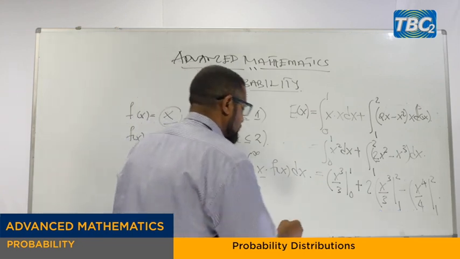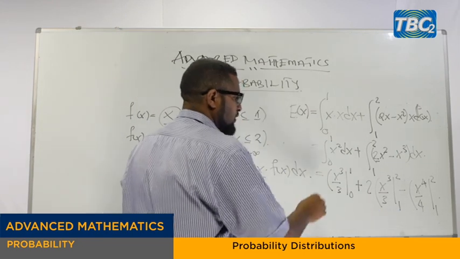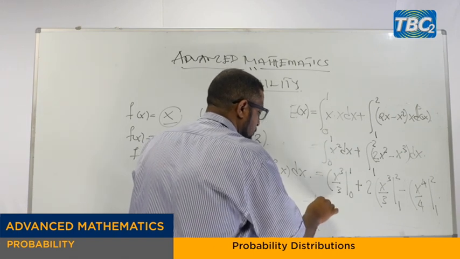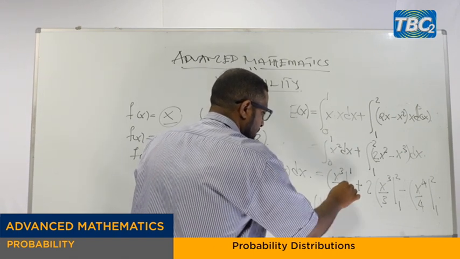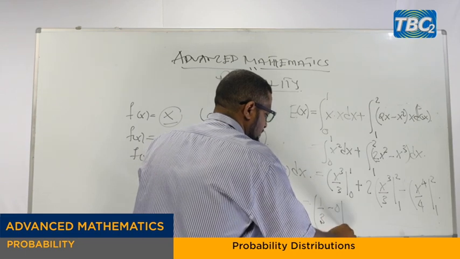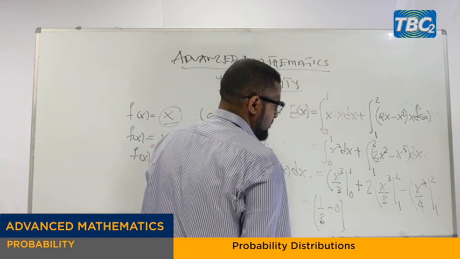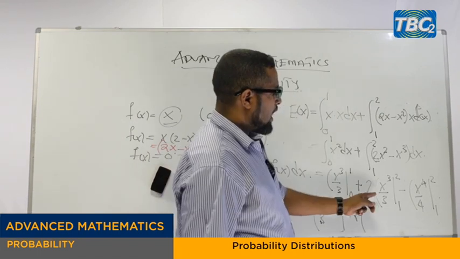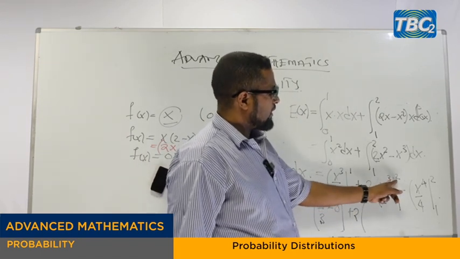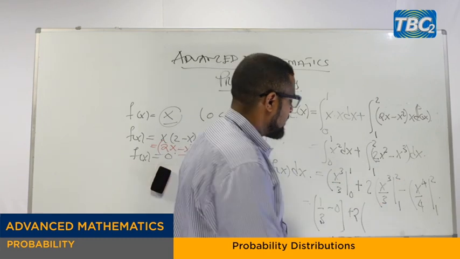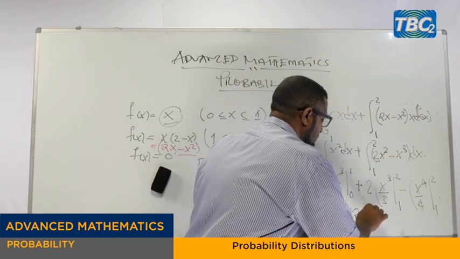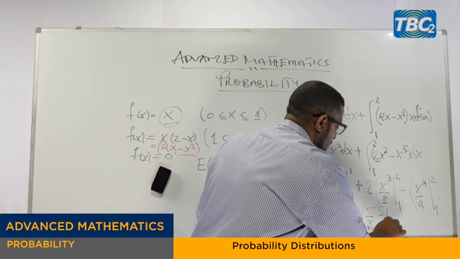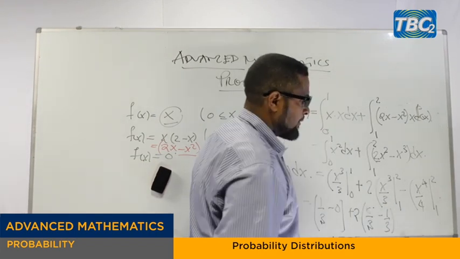So if you substitute the values that you're given, in the first part, you'll have 1 over 3 minus 0 over 3, which is equal to 1 over 3. Then plus 2. Here we have x to the power 3, but we have 2 over here. So it will be 2 to the power 3 is 8 over 3 minus 1 over 3.